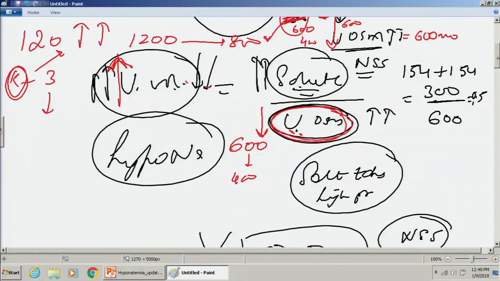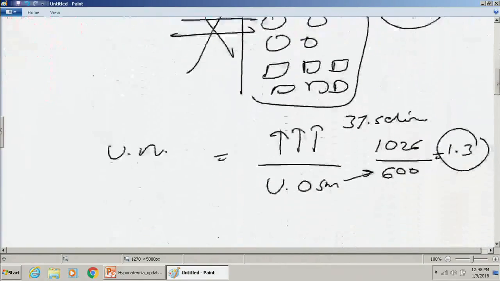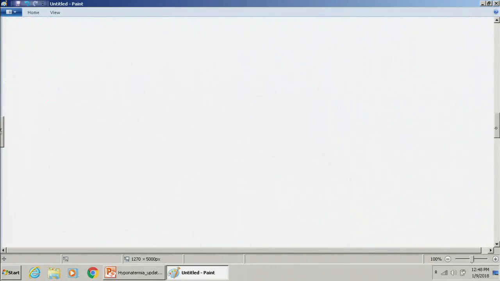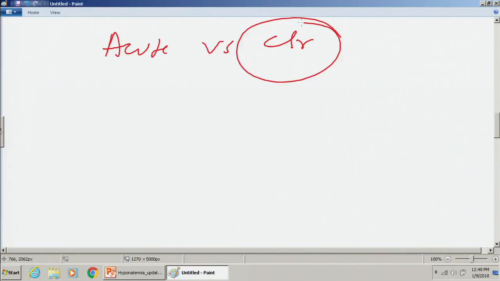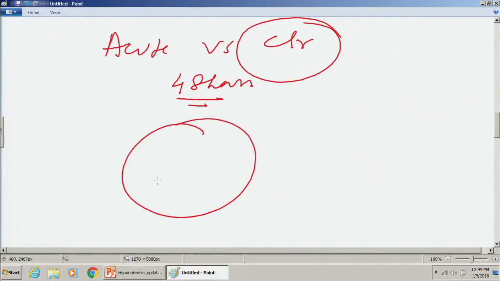So before going to the PowerPoint, one other thing I want to talk about is acute versus chronic hyponatremia. Okay? So we call hyponatremias chronic in about 48 hours. So what is happening is that this is your intracellular fluid, this is your extracellular. And at baseline, there's a nice balance, okay?